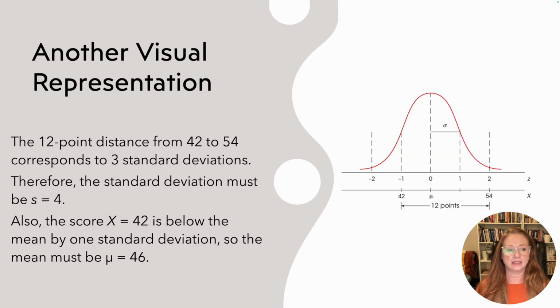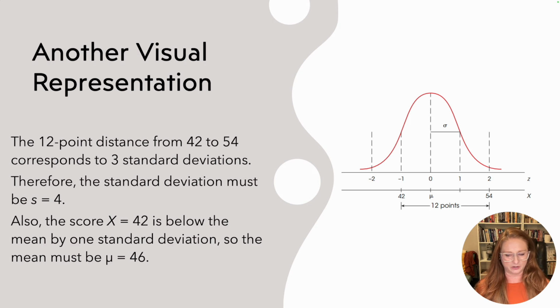Okay, here's another one. The 12-point distance from 42 to 54 corresponds to 3 standard deviations. So take a look at the graph. You find your center there, find your 0. What's my mean? Okay, I see my mean. I see 0. 12-point distance from 42 to 54.